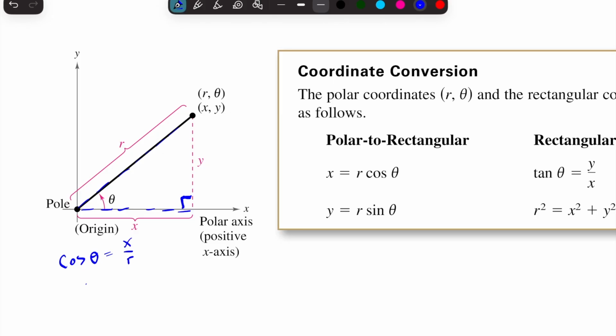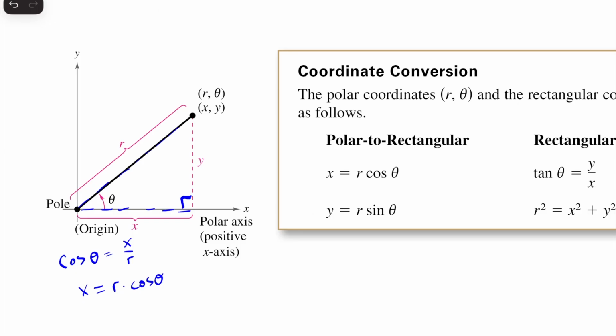And if I wanted to isolate x, I could just multiply both sides by r, and I get x equals r times cosine theta. And then likewise, sine theta would be y over r, multiplied by r, and we get y equals r sine theta.